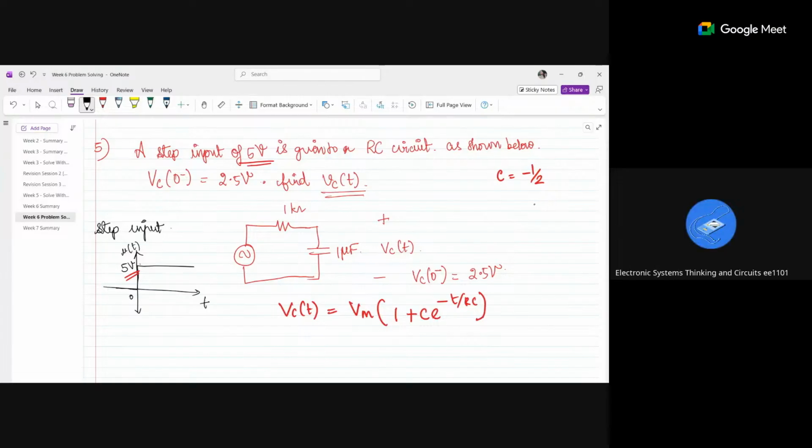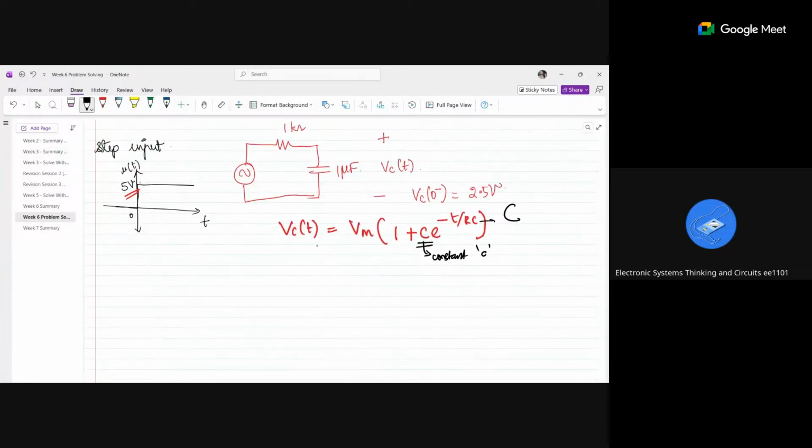Why are we taking that minus 1? No, this C is a constant. This C is not the capacitor. This is a small c, that is a large C. Ma'am, can you explain how we are getting C equal to minus 1 by 2?